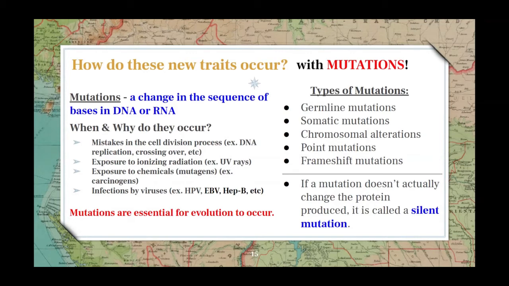Point mutations, that's when you have a substitution of a nucleotide. So in other words, in your DNA, instead of having CAG, you have CTG.